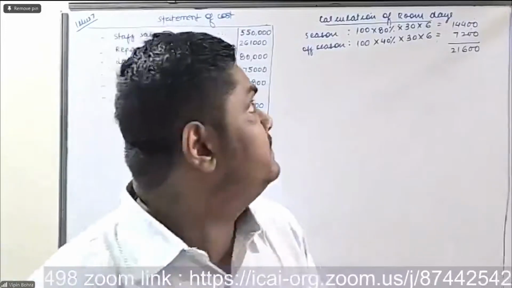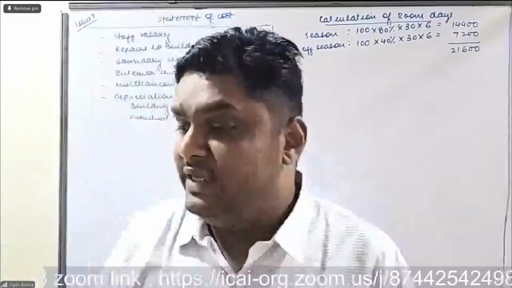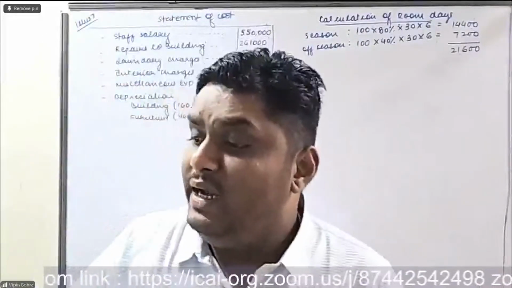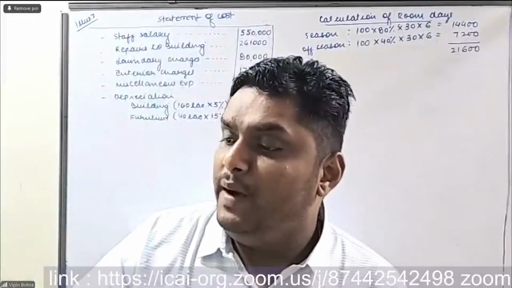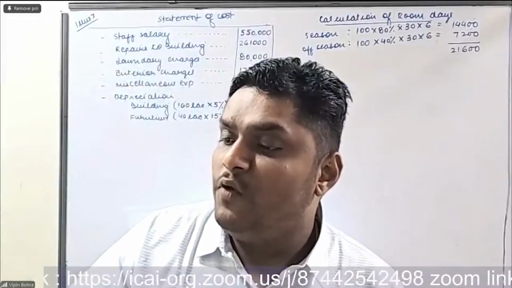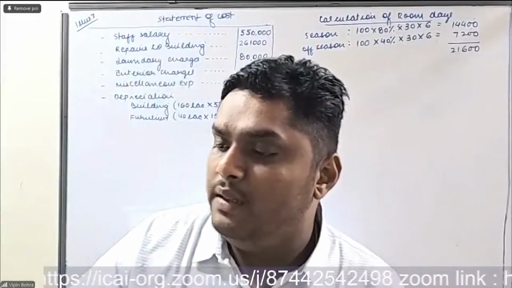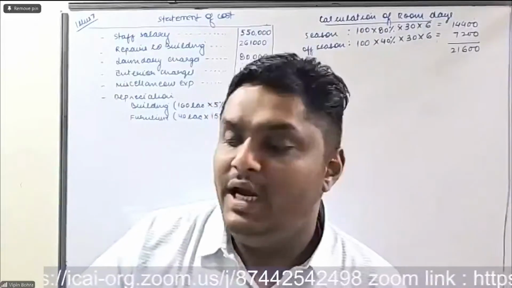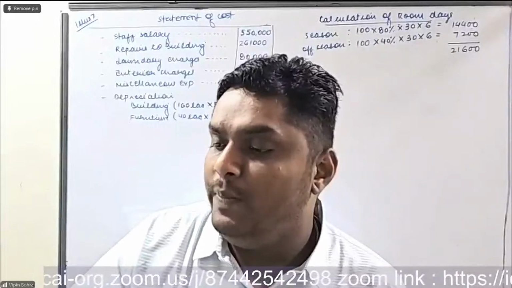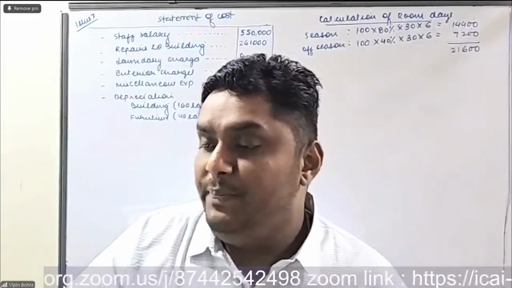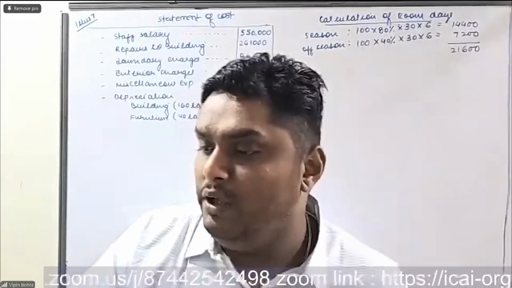Now see, herein it is given that the room attendants are paid rupees 10 per room day on the basis of occupancy of the room in a month. So when talking about room attendants, we can easily calculate the amount paid to them. It is dependent upon the rooms that are occupied during the year.